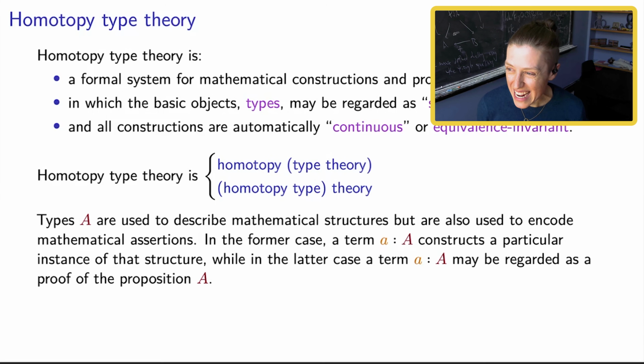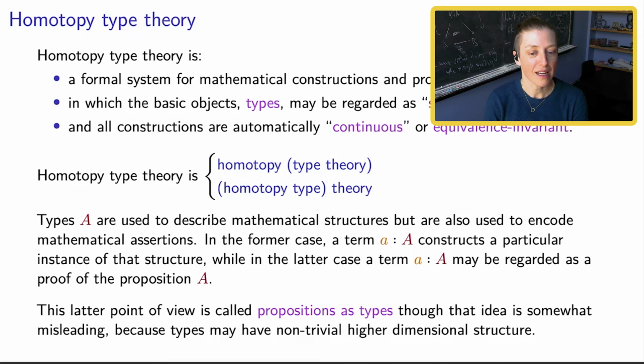So when I'm stating a theorem, I will do so by constructing a type. In the case of a structure, when I have a term of that type, and going forward, terms will always be in orange, it gives a particular instance of the structure. But in the case where the type is encoding the statement of a theorem, a term is a construction of a proof of that theorem.